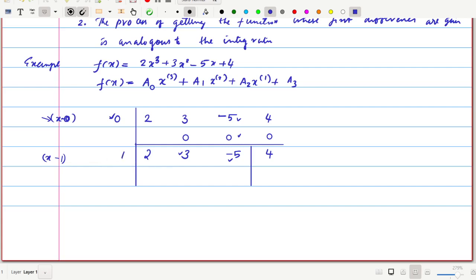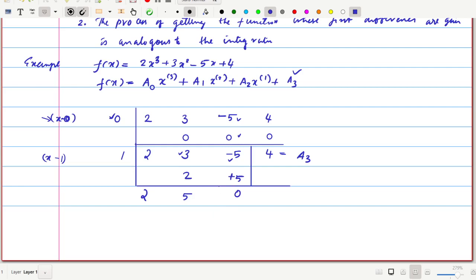So we use the same synthetic method of dividing. We noted this as our a3, and we consider the factor x minus 1 and divide this by x minus 1. For that we write 2 here, and we have 5 here, sorry, this is plus 5, and when we add these two, you can get 0.